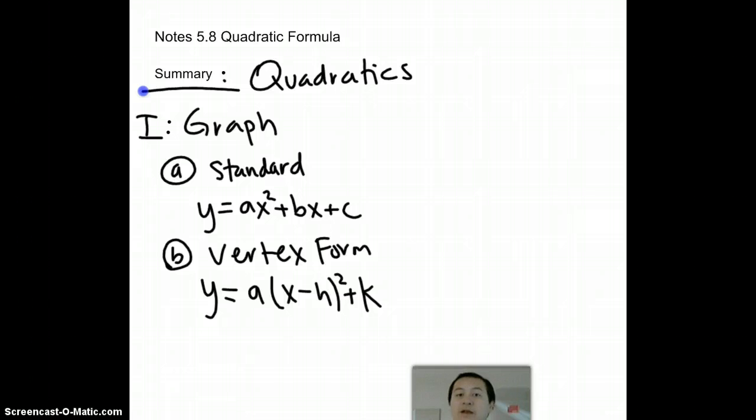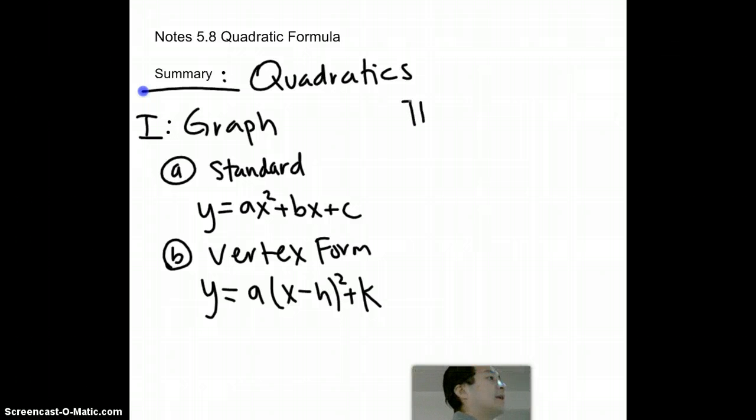Very good. So how do you graph? We make t-tables. We find the vertex, make a t-table, plug it in and graph. Both the same thing. If you want, you could also relate it to how you find the components like horizontal shift, vertical shift, and the vertical stretch and shrink, and manipulate the parent function. You could do that also.